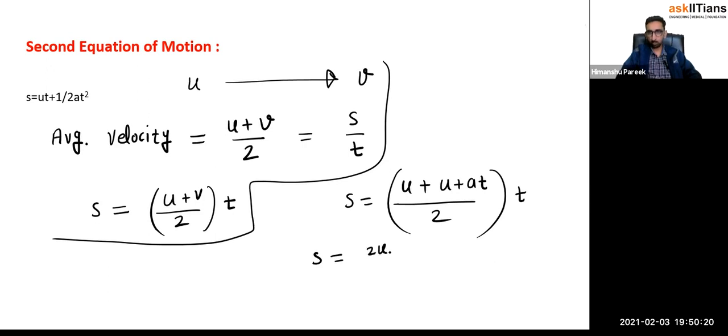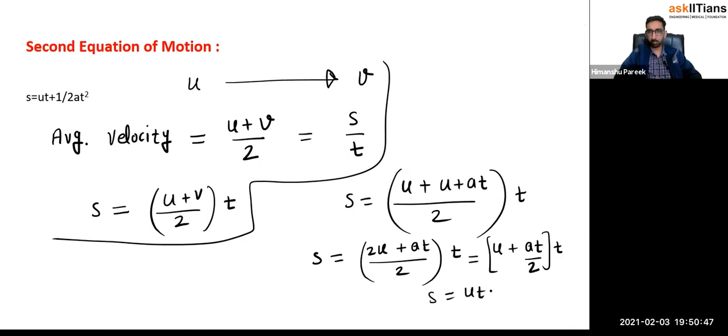So this will become 2u plus at divided by 2, multiplied by time. Now I can do one thing. I can take them separately in the denominator of 2. So this 2u by 2 will remain only u, and this is at by 2. Now I'm going to multiply this t inside. So what will you be getting? ut plus half at square.